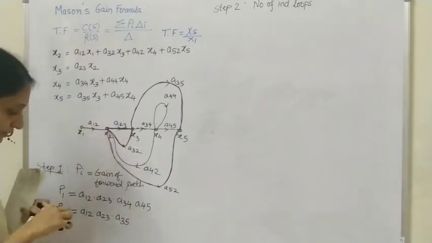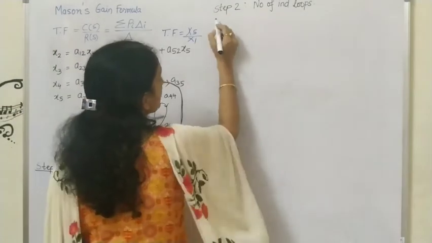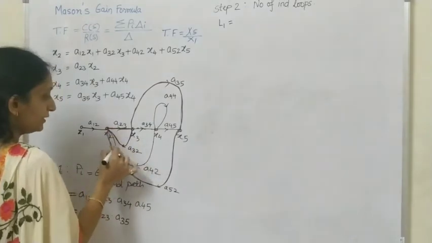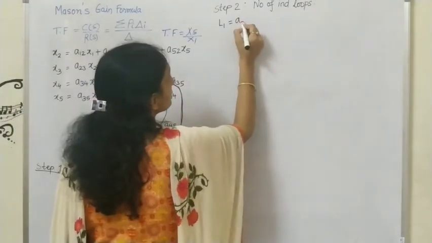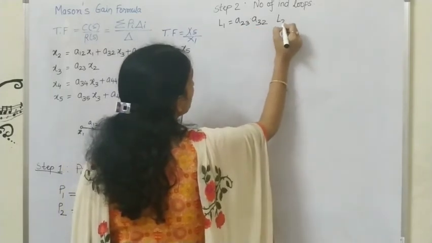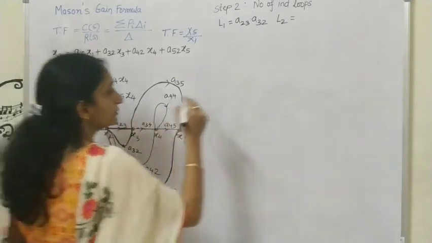So we will write the loop gains one by one. Look at this, L1 is equal to a23 into a32. L2 is equal to a23, a34, a42.